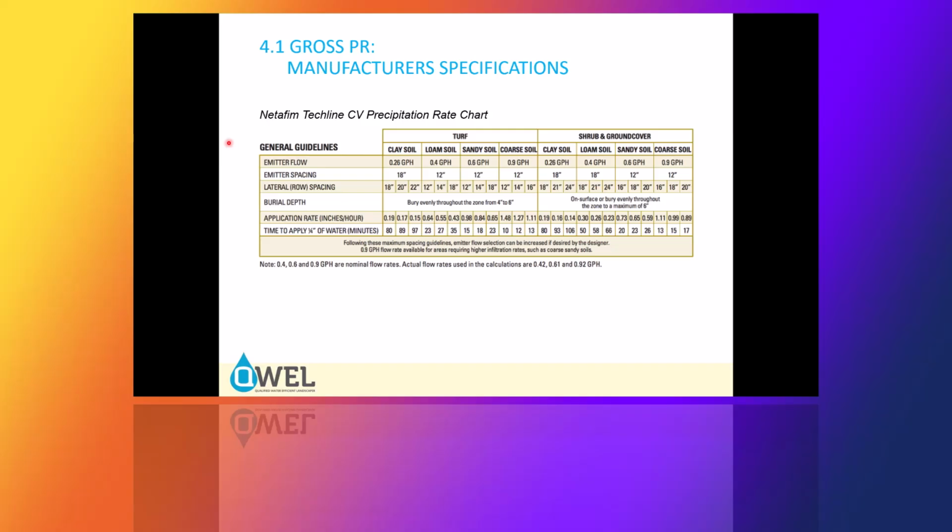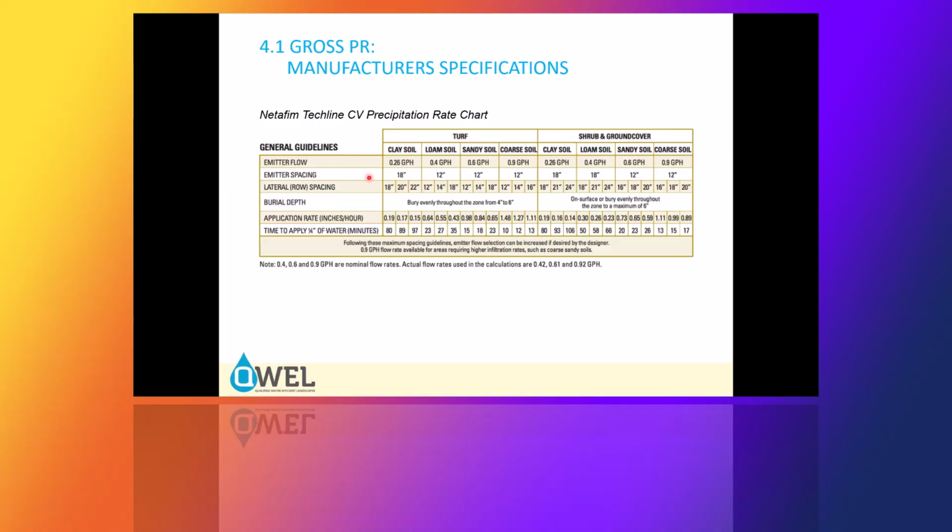Looking at the chart again, as we said, the precipitation rate varies by the emitter flow rate, the emitter spacing, and the lateral spacing. So here's your emitter flow rate for this grid system. You can see it's different across the different types of applications. There's a turf application, and here are shrub and ground cover applications. And then the spacing.